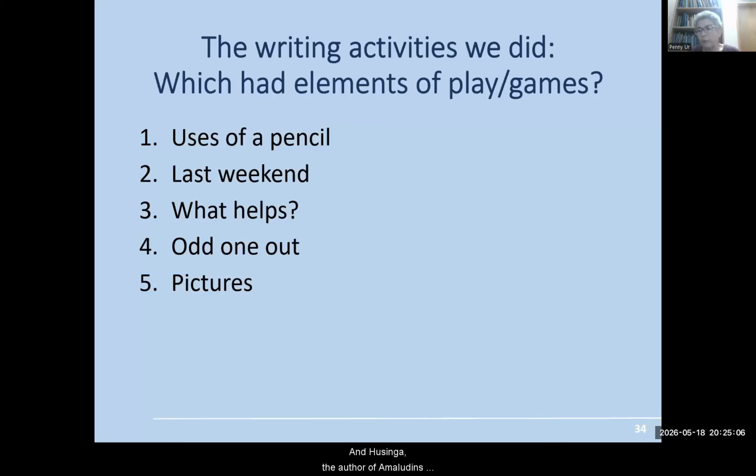And Huizinga, the author of Homo Ludens, would include in play literature, ritual, games, obviously, poetry, and a whole lot of other things. And if you have the energy to look it up or to find an AI summary of it, I highly recommend it.